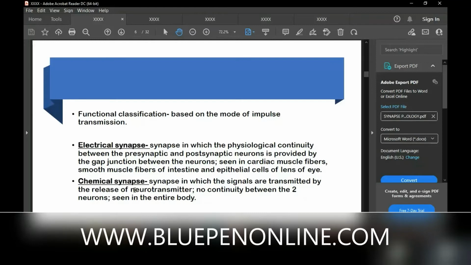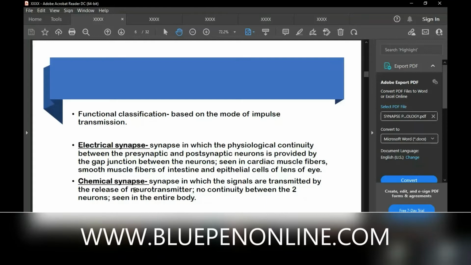Such gap junctions are seen between the neurons, that is presynaptic and postsynaptic neurons, in the case of electrical synapse. That's what I meant to tell you. So in electrical synapse, there is definitely a continuity, or the two neurons are connected through gap junctions.